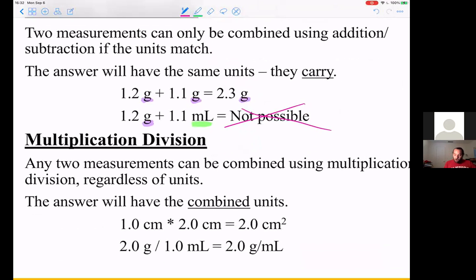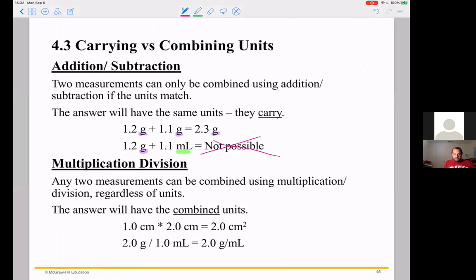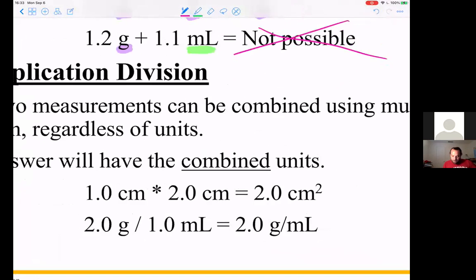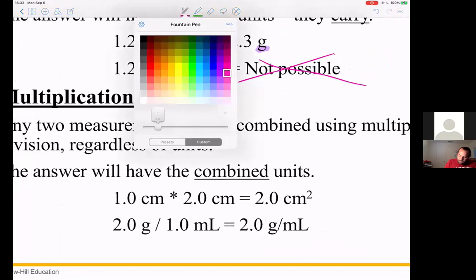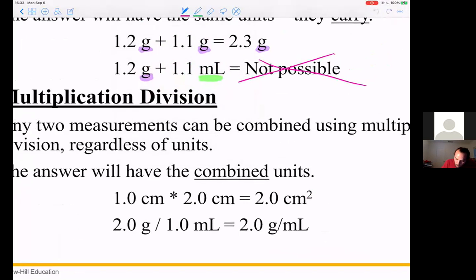Multiplication and division are a little bit more complicated because any two measurements can be combined using multiplication and division. It doesn't matter what the units are. And at the end, your answer will have combined units. So if I take 1.0 centimeters times 1.0 centimeters times 2.0 centimeters, my answer is in centimeters cubed. Another way to say centimeters squared is centimeters times centimeters.